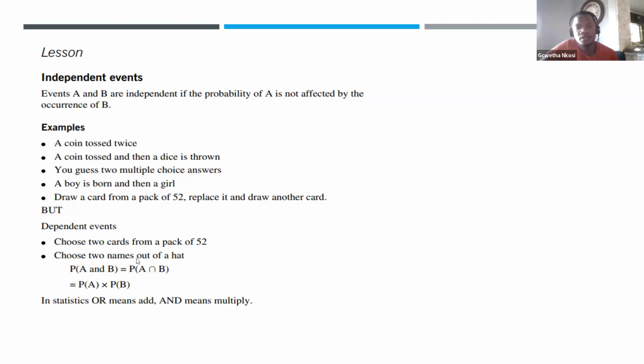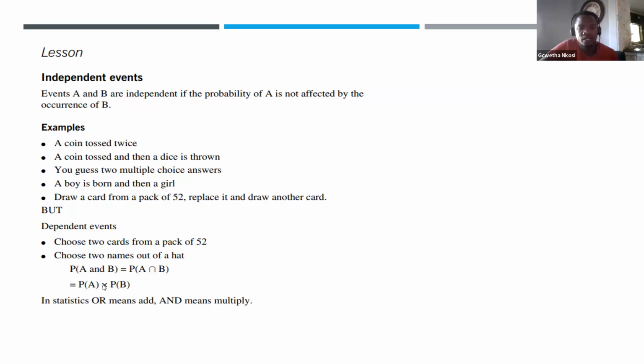or choose two names out of a hat. For these, the probability of A and B is the same as saying the probability of A intersection B. So these are dependent events.